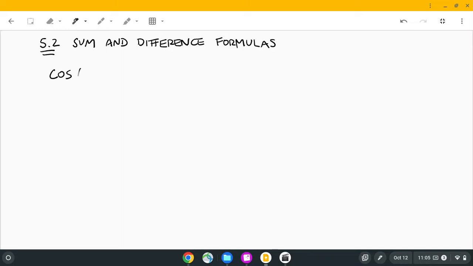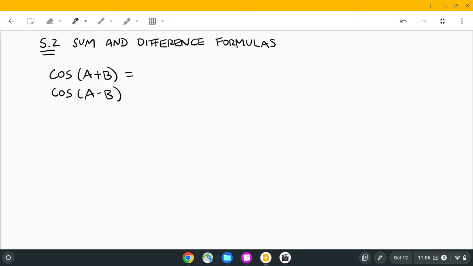Cosine of a plus b. We're going to look at the sum, and we're also going to look at the difference. When you're taking the cosine of the sum of two angles, like cosine of 30 degrees plus 45 degrees, 30 and 45 are easy because we know them.